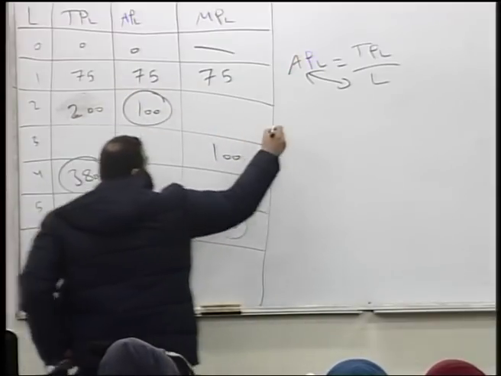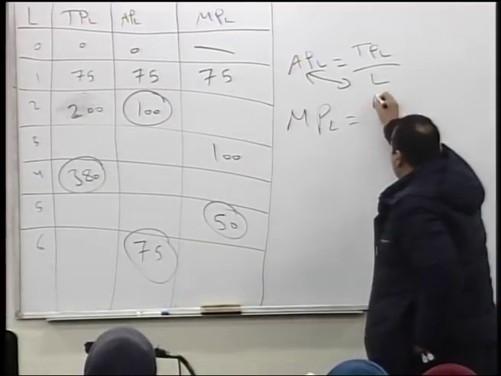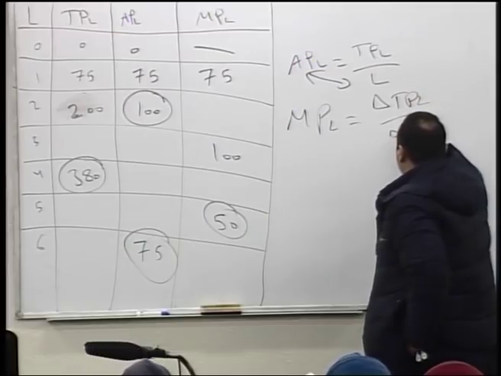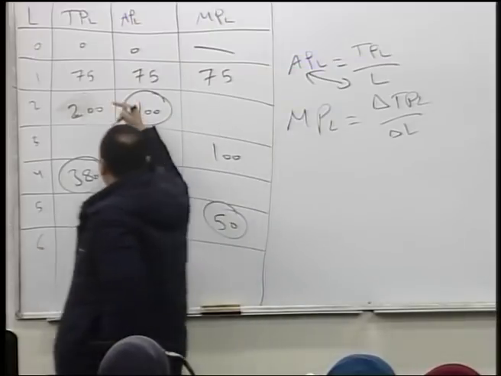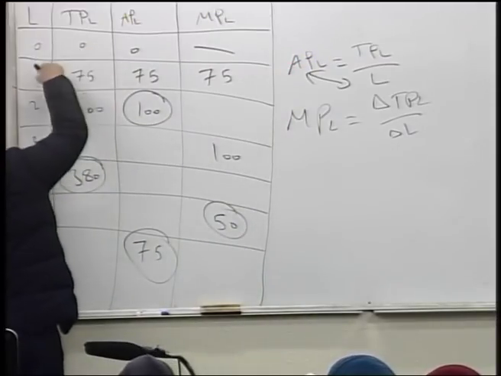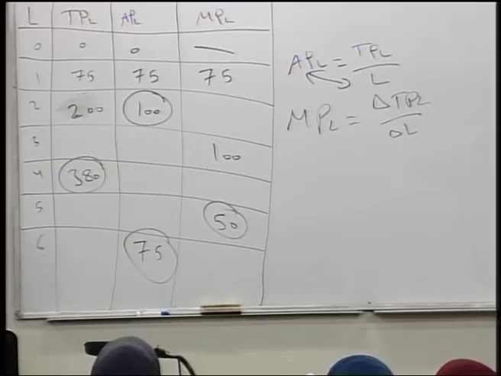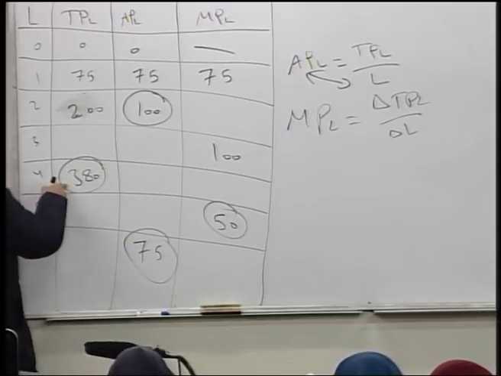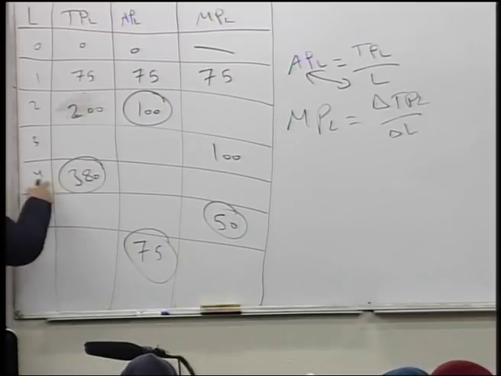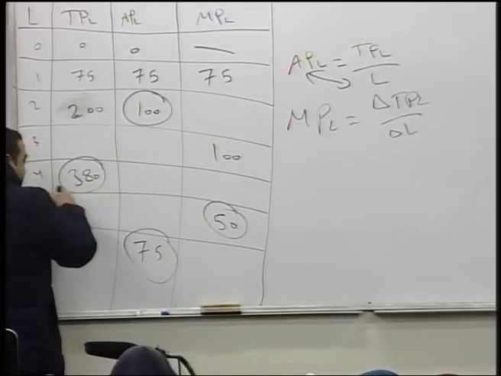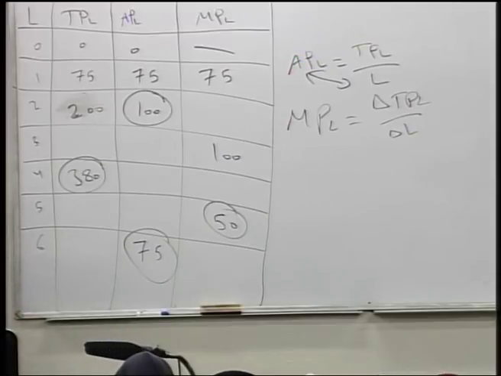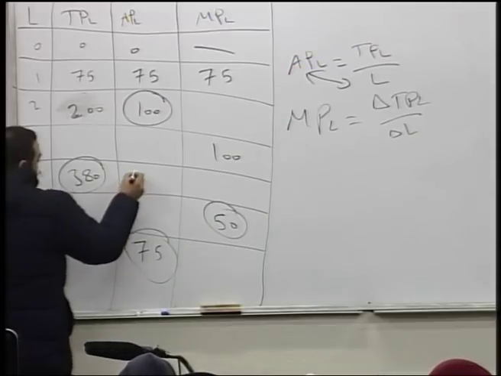MPL equals change in total production labor over change in L. So 75 minus 0 over 1 minus 0. What else? Here, total production labor over L, 380 over 4, how much is the average production labor here? 95.